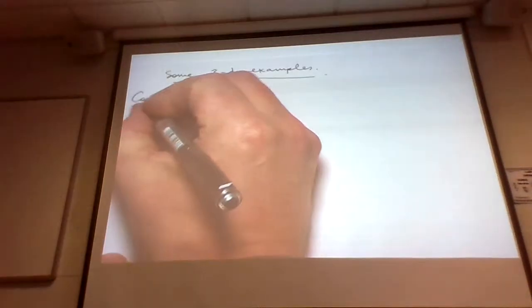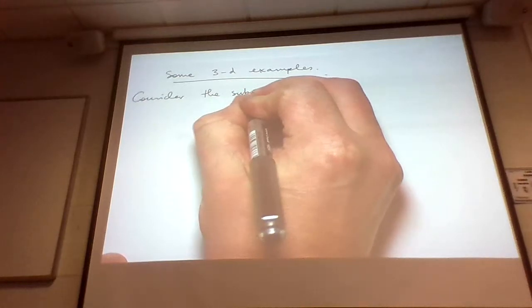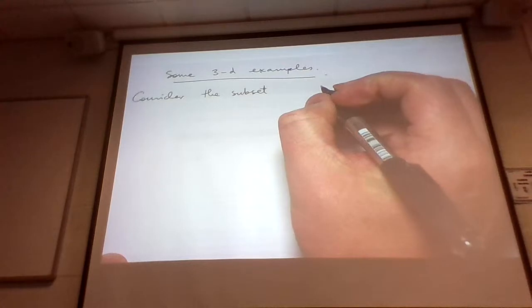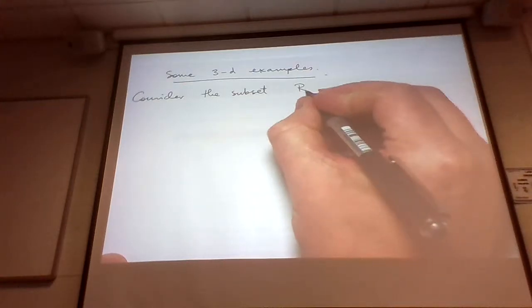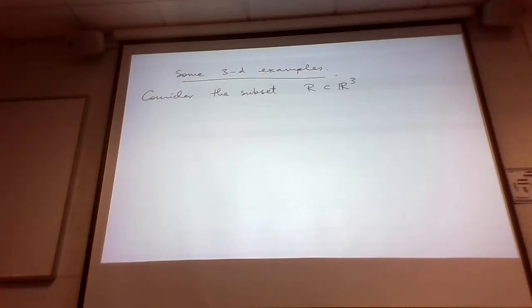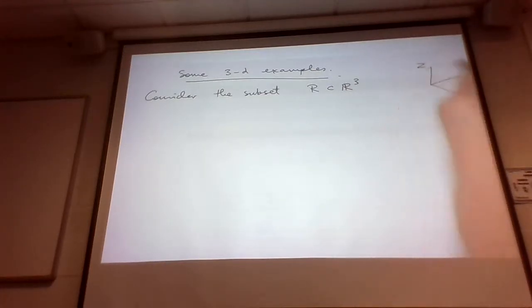So our first example is we're going to consider a subset R, which is a subset of the three-dimensional space R cubed. So R cubed we think of as the x, y, z space.